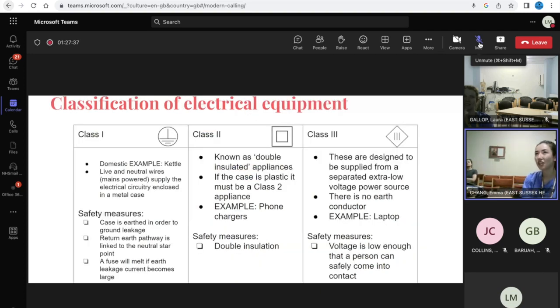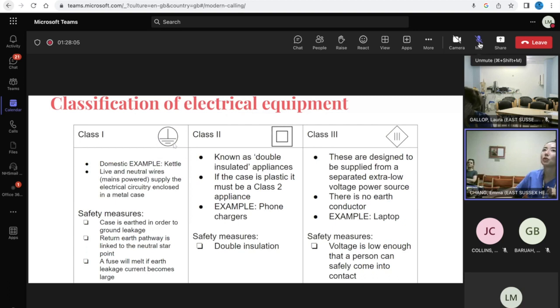Okay, classification. They do like to ask you about this, apparently, in the exam. There are two different types of classification, starting with class 1, 2, and 3. Class 1, denoted by this image here, is basically where the live and neutral wires, which are mains powered, will be enclosed in a metal case, and this metal case is then earthed.